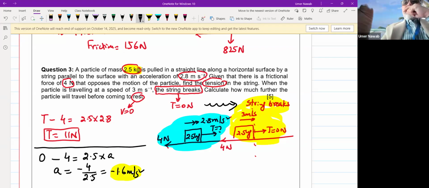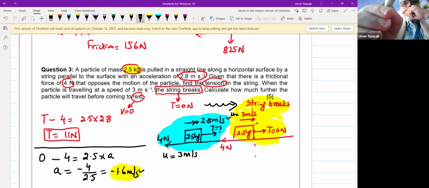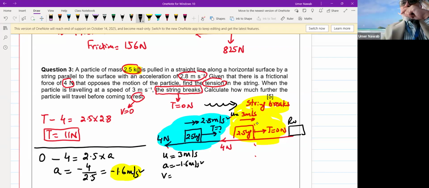He did mention that u is equal to 3. So equations of motion come into action. u is equal to 3 meters per second. Acceleration is negative 1.6 meters per second squared. It comes to the position of rest. So when it comes to the position of rest, your v is equal to 0 meters per second. Three things are known to me.